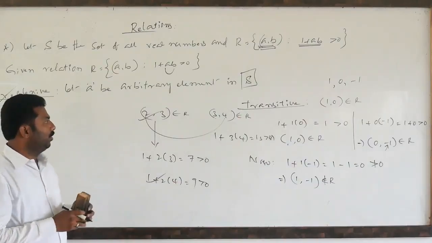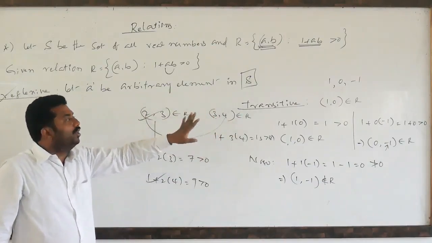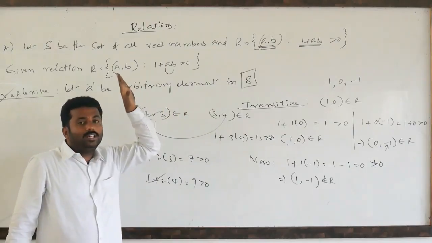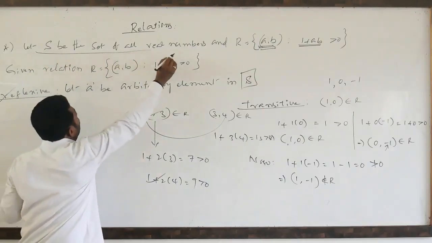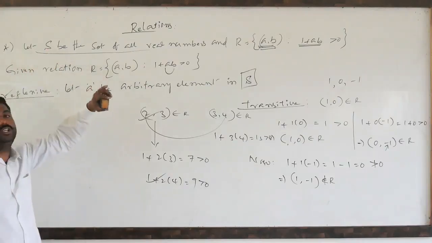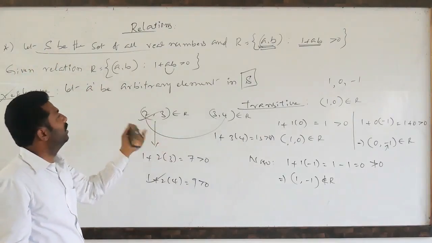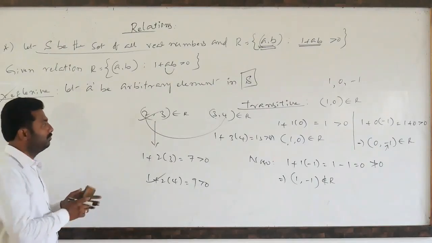You remember, whether a relation is transitive or reflexive or symmetric, that is true for all the elements in the given non-empty set. If it is true for only some and not true for other elements, it means trivially that it is not transitive or reflexive or symmetric.